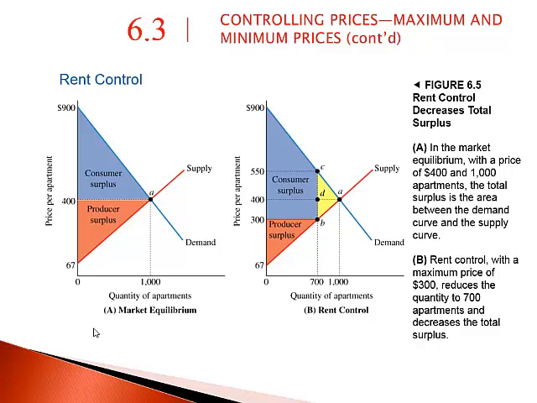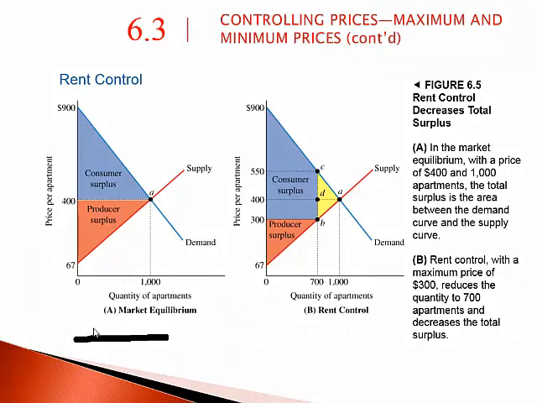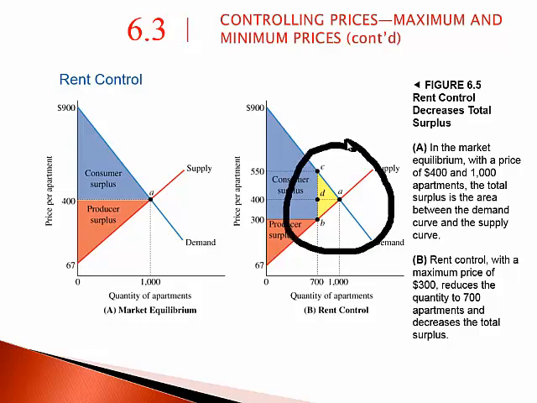So what you are seeing here, and I'm going to try my whiteboard again, give it a second to start up. What you're seeing here is known as deadweight loss, this yellow portion right there.